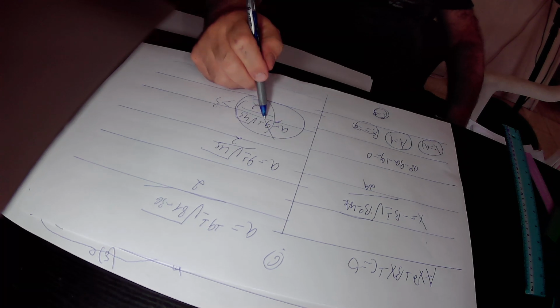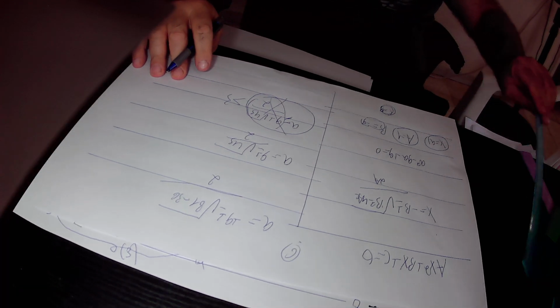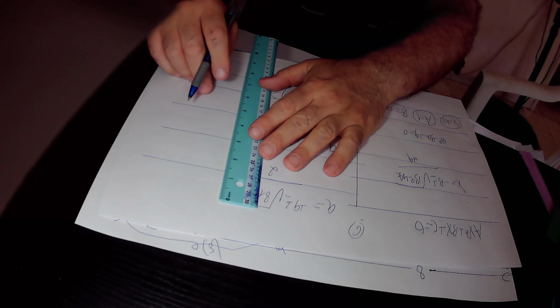So we cancel that solution, and we are left only with the second possible solution for a.